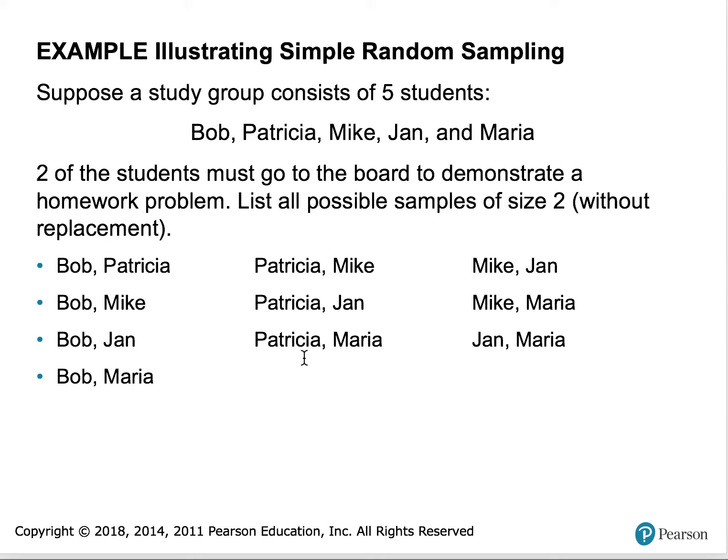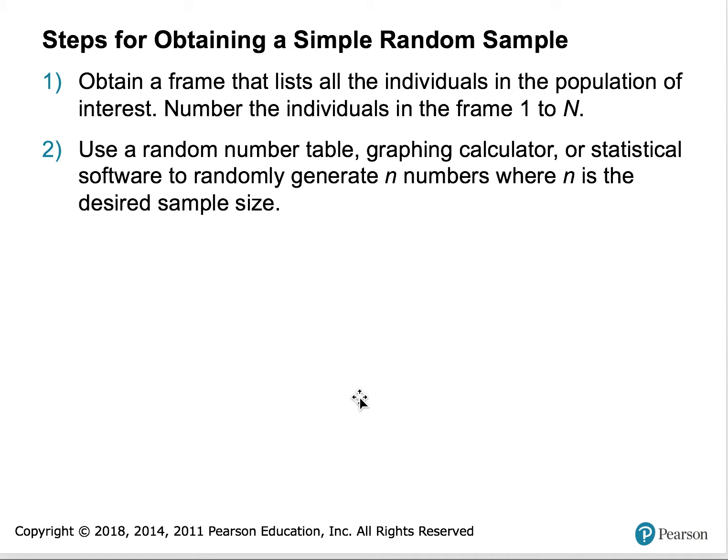So first of all, we need a frame, and that's what we have here. A frame is simply a list of all the individuals within the population. Then after you get your frame, you list the individuals in the frame from 1 to n. In our previous case, it would be 1 to 10.